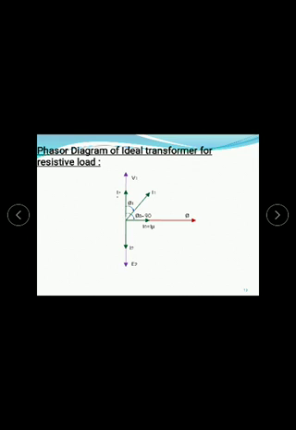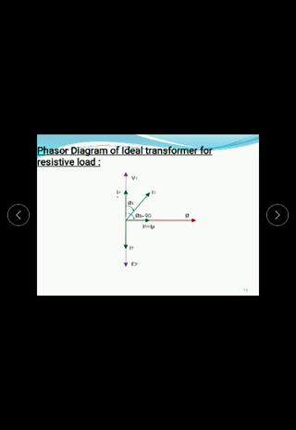See here, this I1 is the addition of I0 and I2. So this combination of I0 and I2 is nothing but I1. Here I2 and E2 both are in phase.